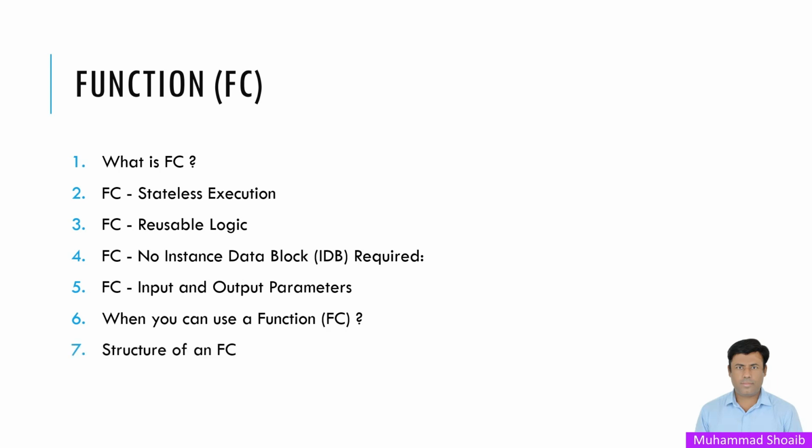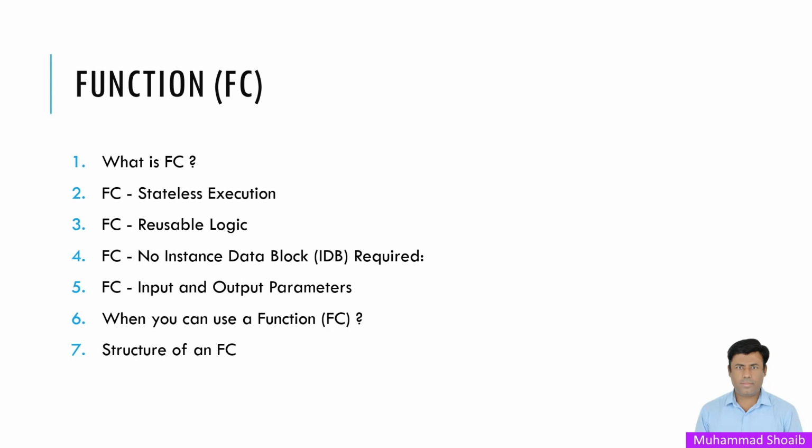So the structure of the FC: the input parameters are data passed into the FC, like two numbers we have to add if we are using the FC for the sum operation. The output parameters are output data returned from the FC, like the sum of two numbers. Input-output parameters are data passed in and modified by the FC, like incrementing a value.